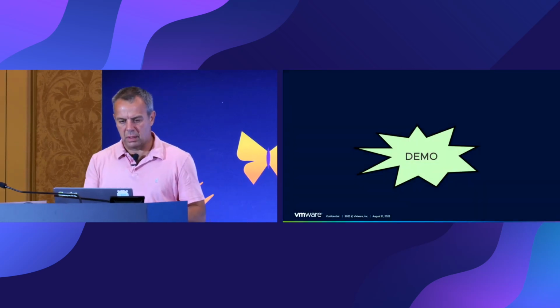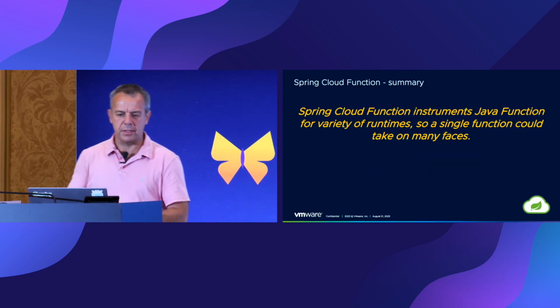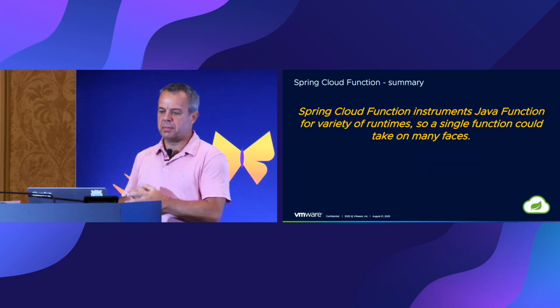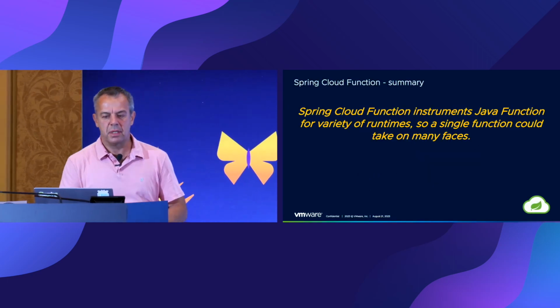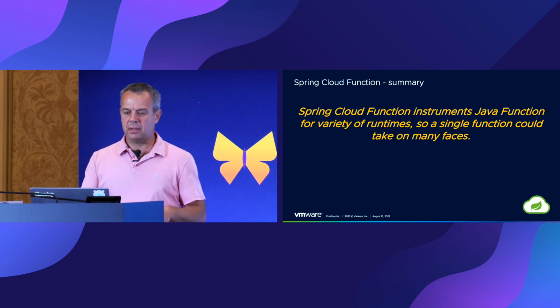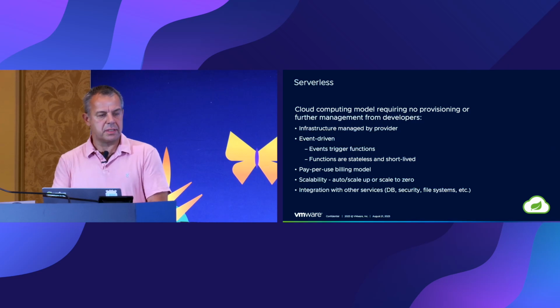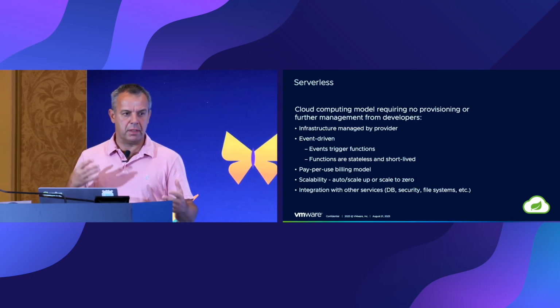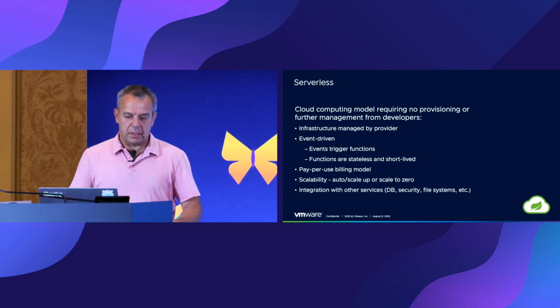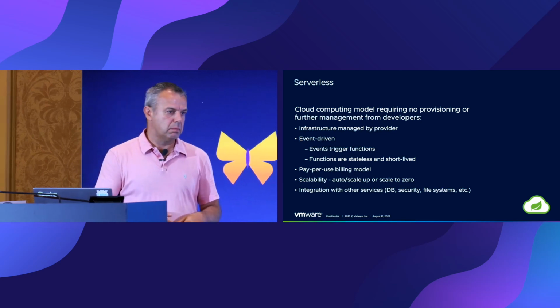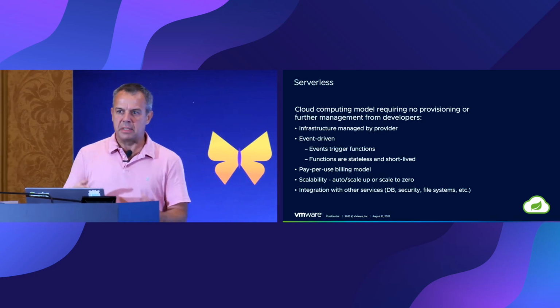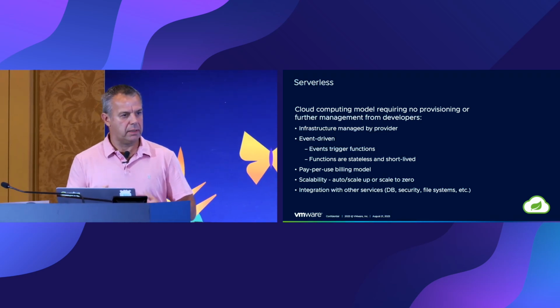Okay, so in summary, Spring Cloud Function instruments Java functions for a variety of runtimes, so a single function could take on many different faces. Serverless. Serverless is, again, a very interesting concept, but also very misleading terminology because we can't get away from servers.